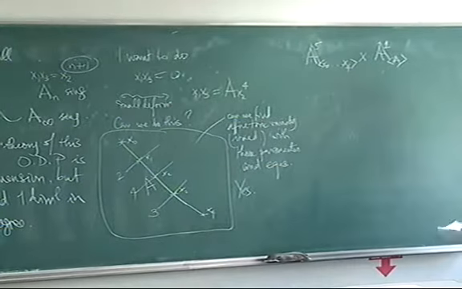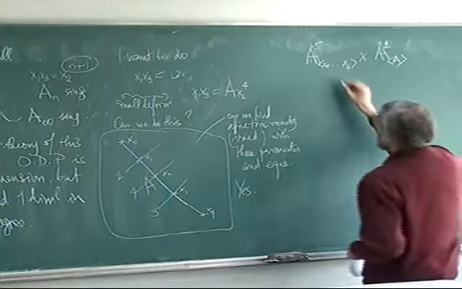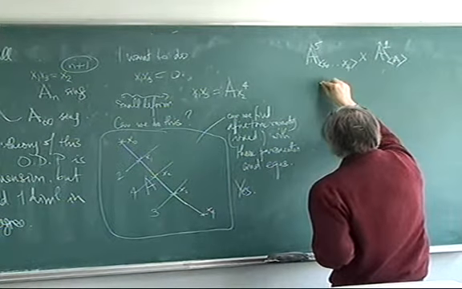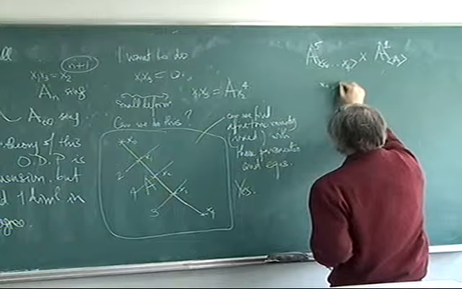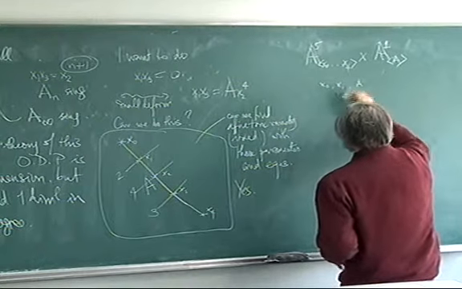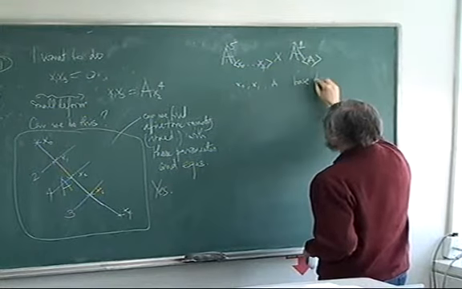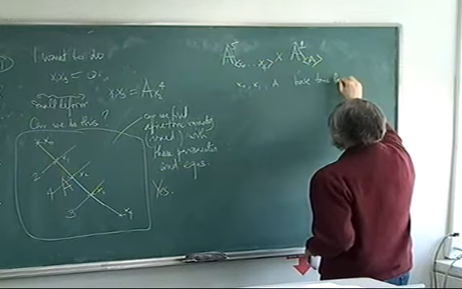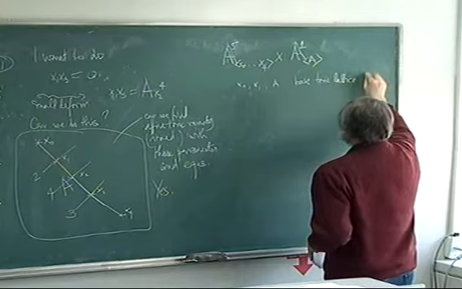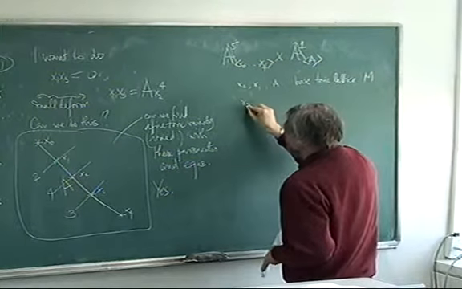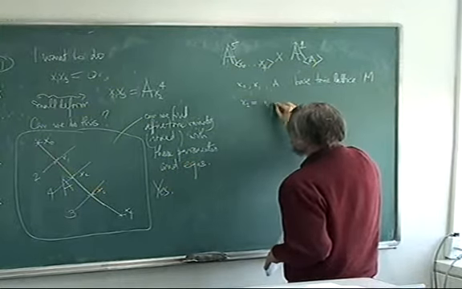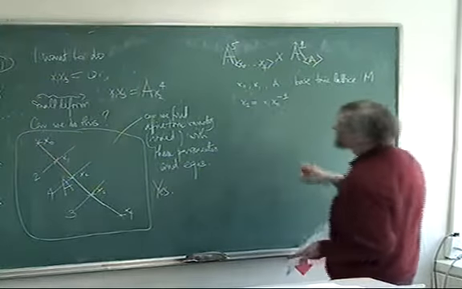Okay, and so then I'm going to say x0, x1, and a are a basis for a toric lattice M, and then x2 is x1 times x0 to the minus 1.